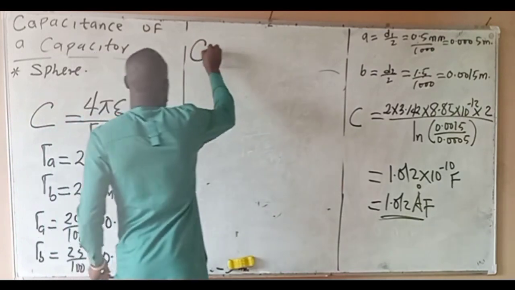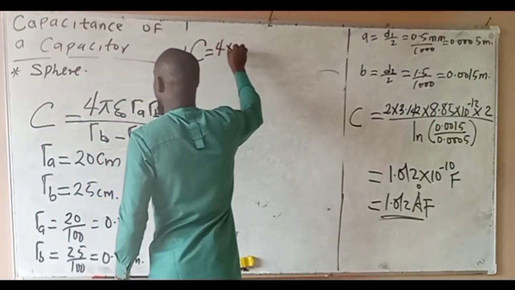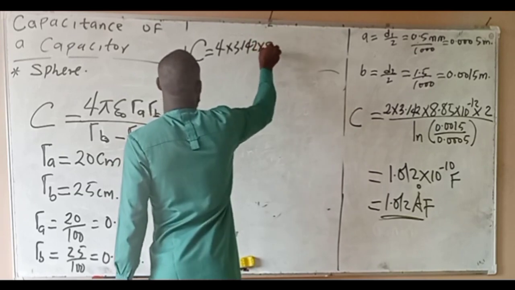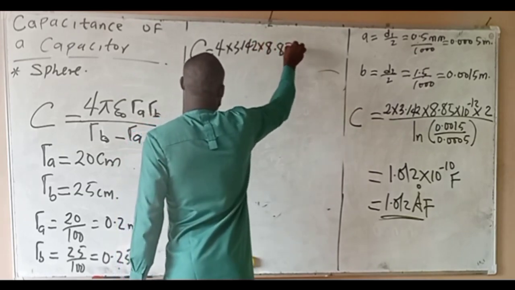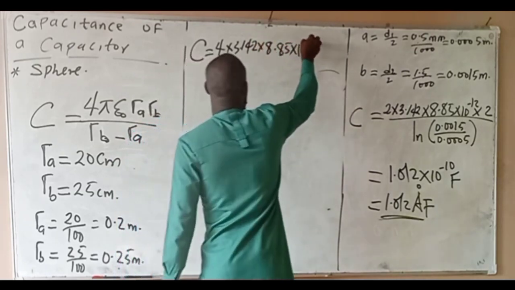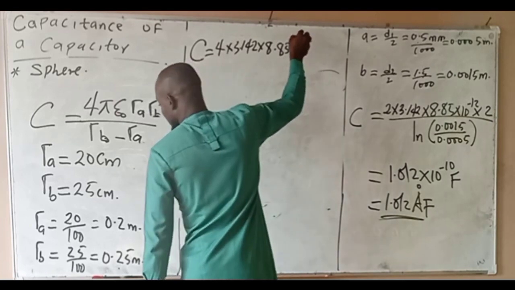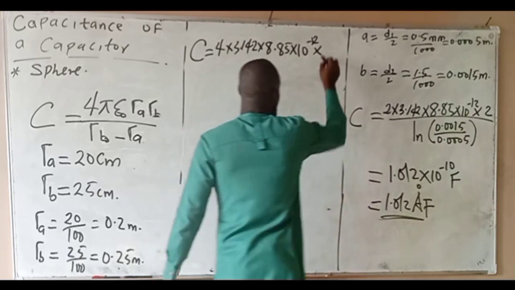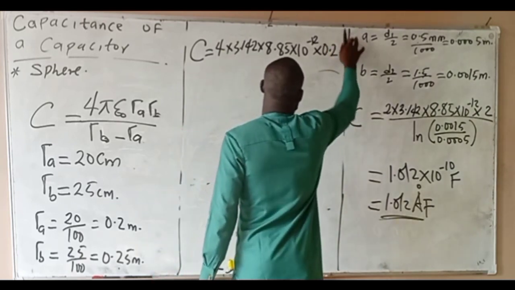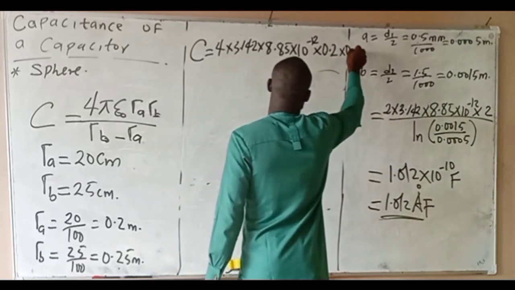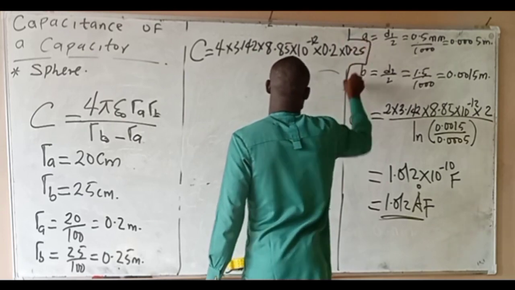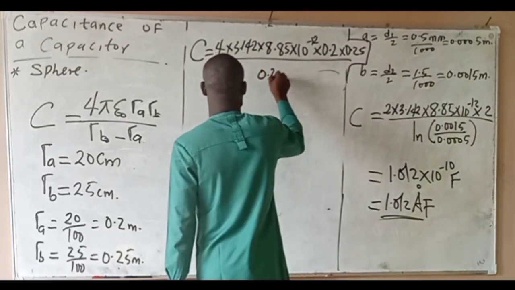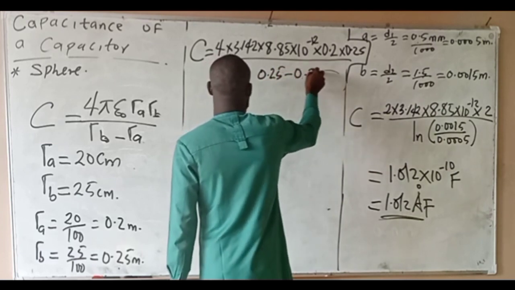Then the capacitance will now be equal to 4 times pi. What is pi? 3.142 times 8.85 times 10 to the power minus 12, times radius A, which is 0.2, times radius B, which is 0.25, over B minus A, 0.25 minus 0.2.